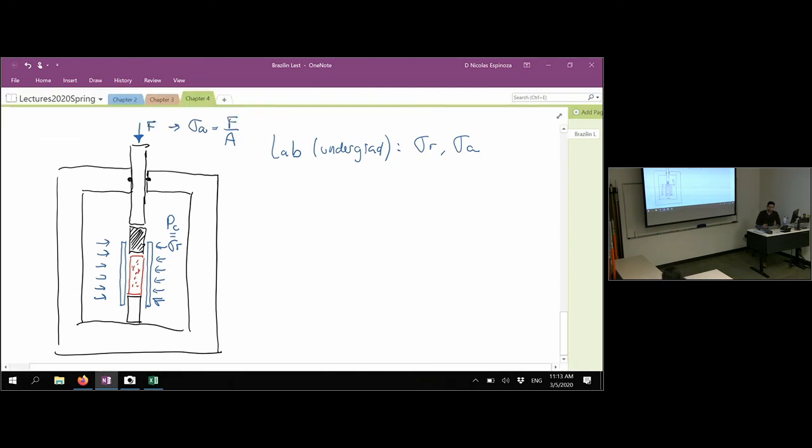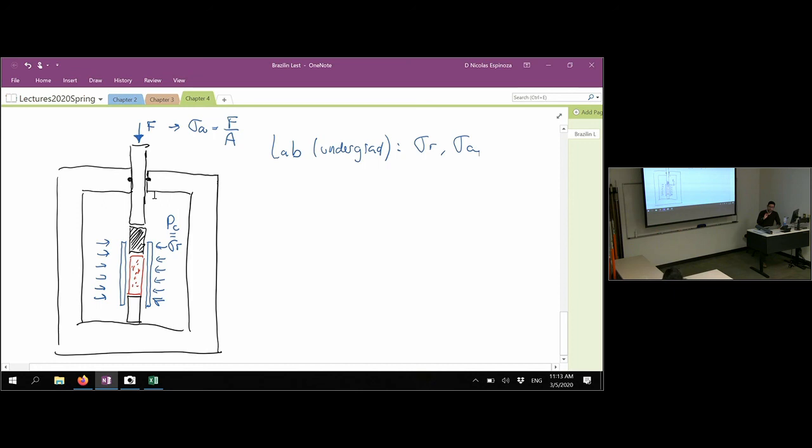You don't measure the force outside the triaxial vessel, but you measure it inside. And when you measure that force inside, then what you measure is not the actual force. It's not going to be the total force, but it's going to be the difference between the radial stress and the axial stress.